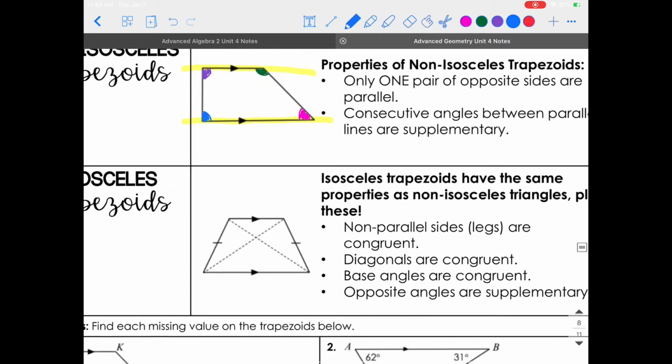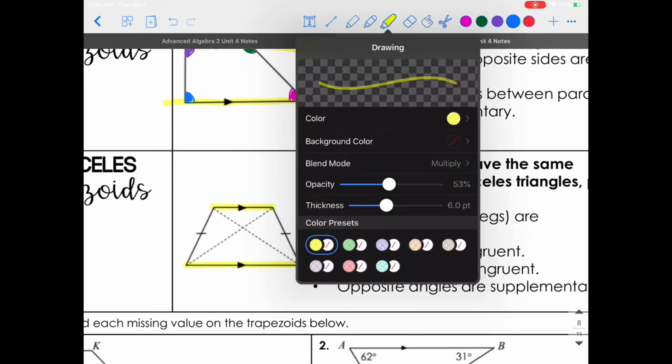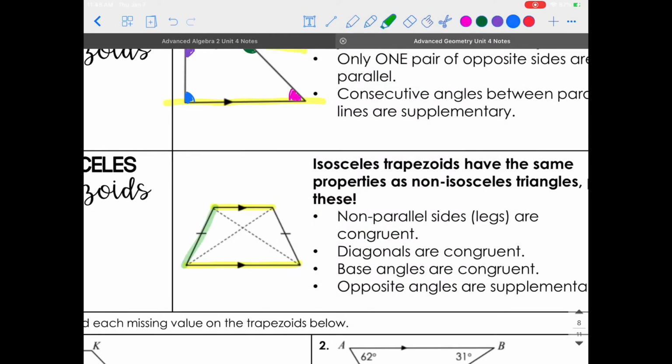The isosceles trapezoids are the ones that we'll focus on a little more. So we do have one set of parallel sides, just one set. The other sides, they're not parallel, but in an isosceles trapezoid, they're the same length, which is why they've got that dash there.